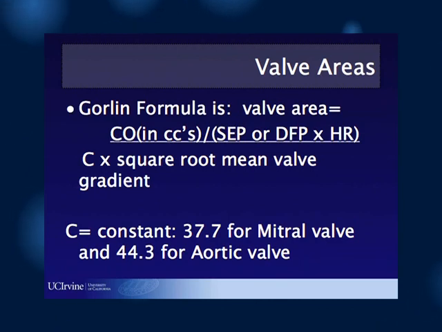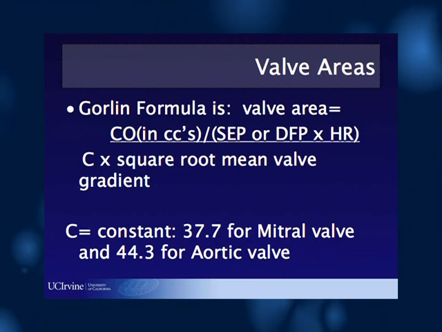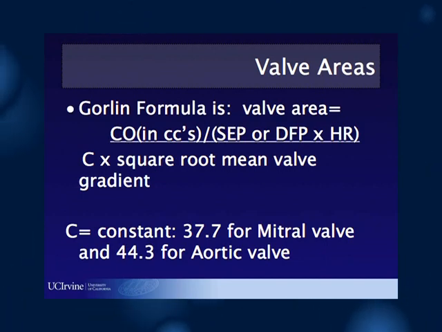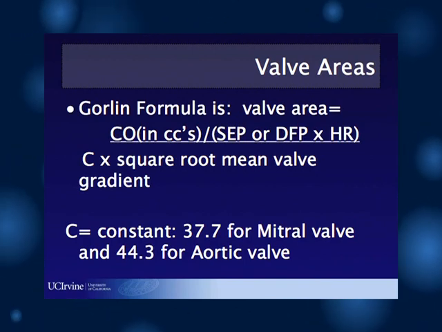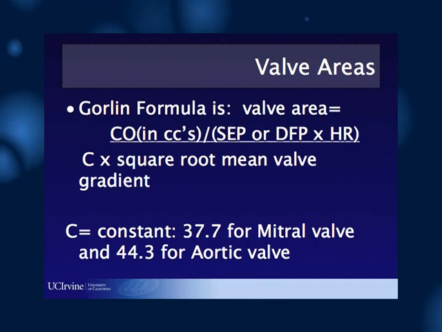The cardiac output for the filling period, therefore, is divided by the square root of the mean valve gradient measured from the pressure waves and multiplied by a constant. And these constants are different for the two different valves, 37.7 for the mitral valve and 44.3 for the aortic valve.